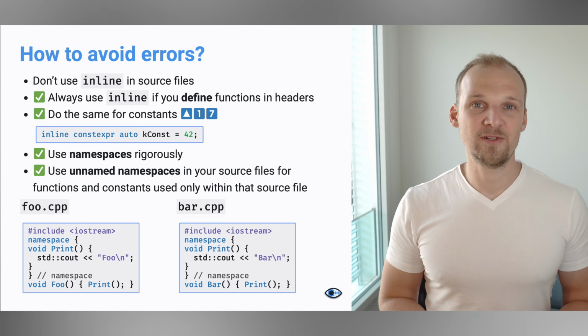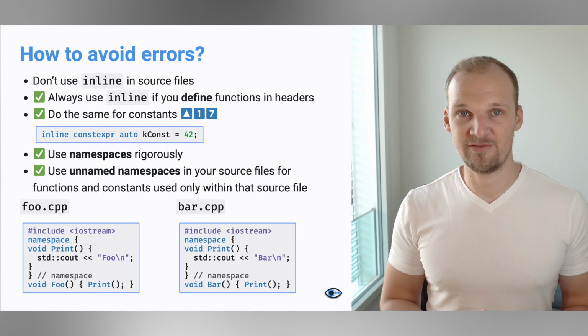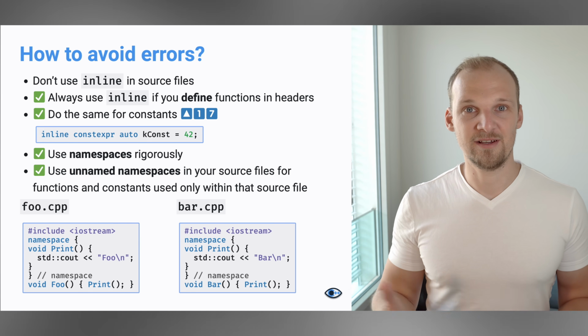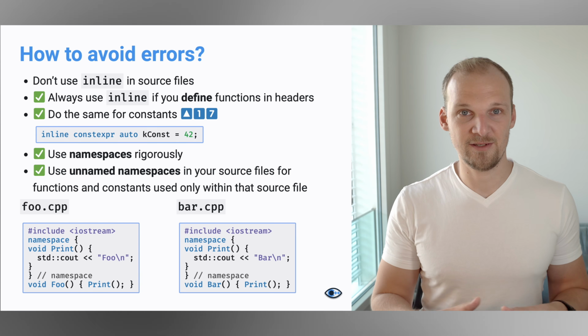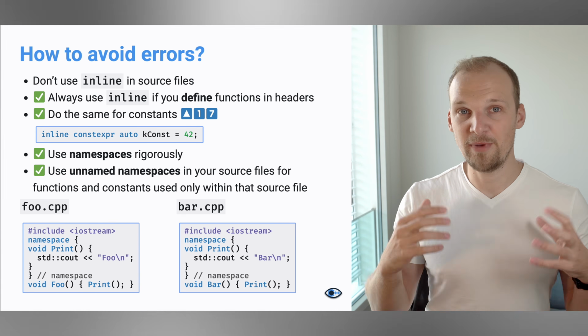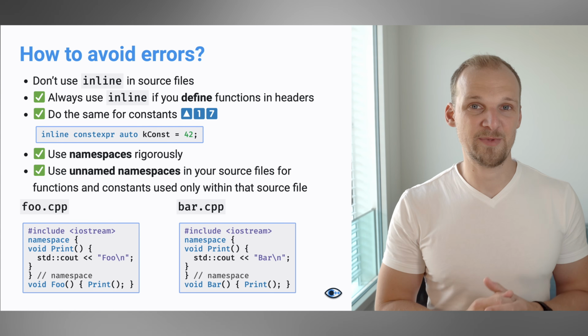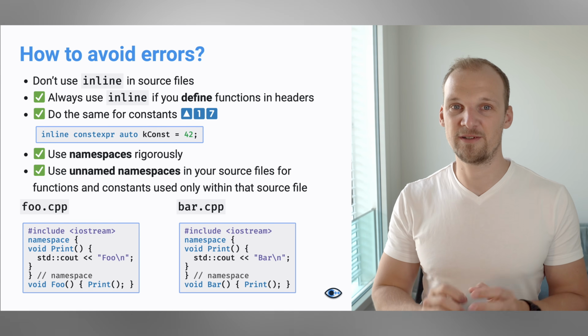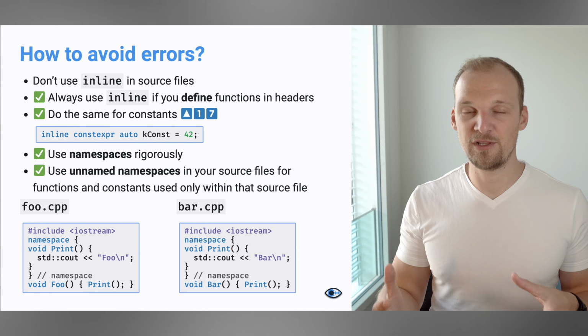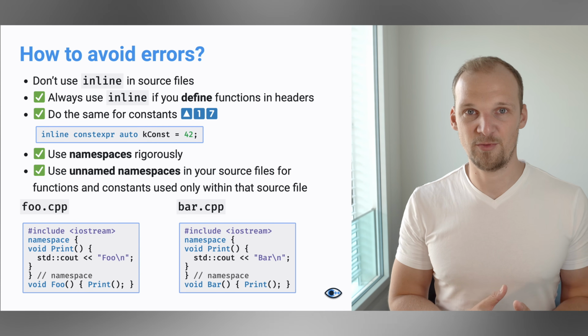And by the way, the same holds for constants from C++17 and up. So now you can do an inline constexpr constant, and it basically behaves the same way as the function would here. But our main weapon is to use namespaces rigorously. If you have your project set up, then the namespaces usually follow the folder structure of your project.